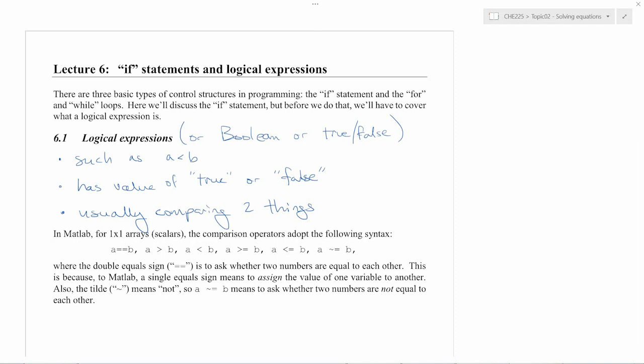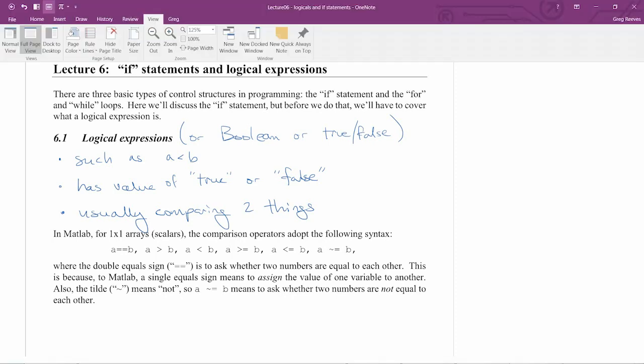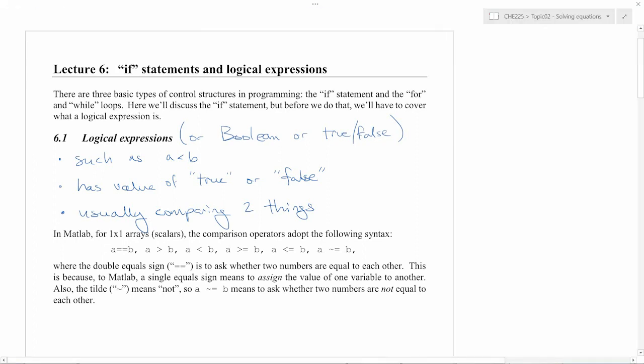So in Matlab, when you have 1 by 1 arrays, or scalars, in other words, the comparison operators are the following, which you can see on your screen here. In particular, what's interesting here is that if you want to ask if two numbers are equal to each other, the way you compare them is the double equal sign, or just type equals twice.